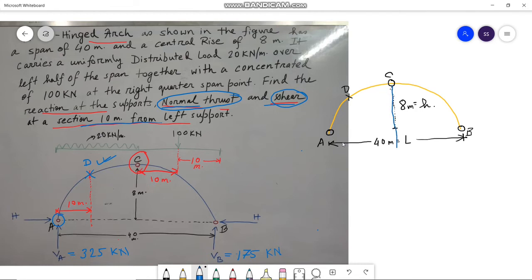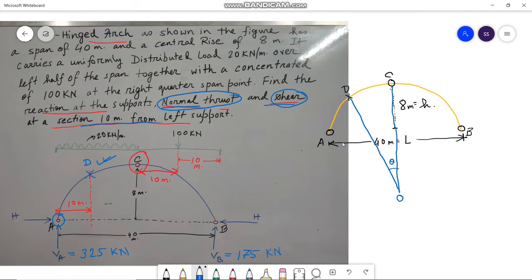If we draw the radius, let us assume that the center of the circle will be lying somewhere here, and the center is O. Now let us connect OD. The angle between OD and OC is theta.